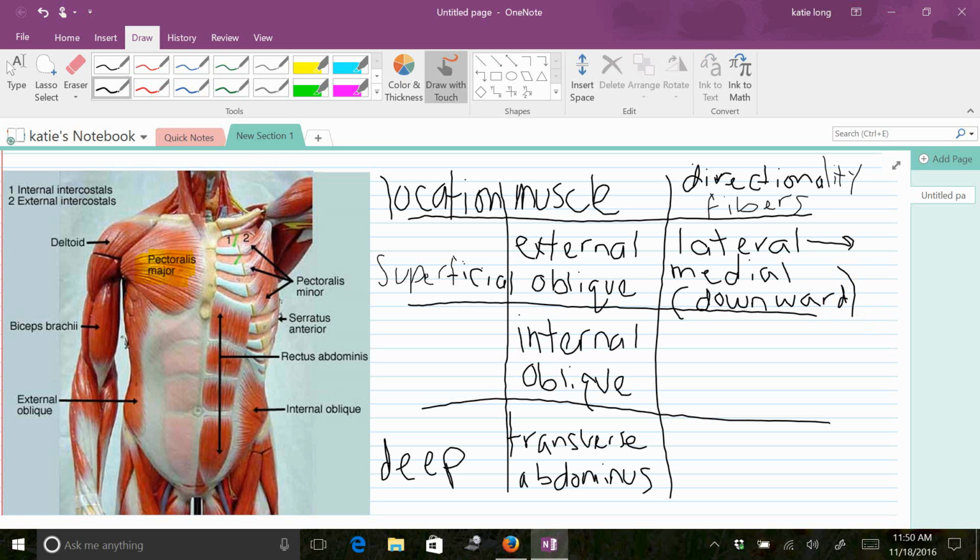And then the internal oblique is going to be headed medial to lateral downward, so the opposite of the external. And your transverse abdominis, which is your deepest, is actually going to be horizontal fibers.